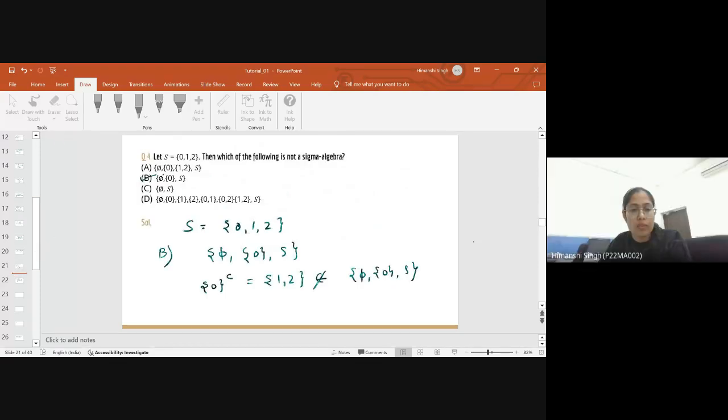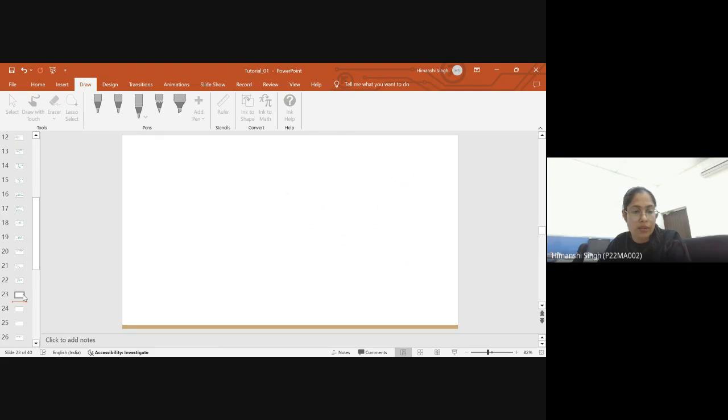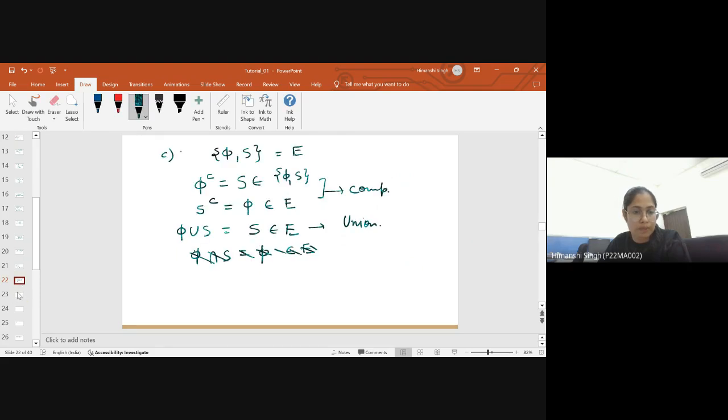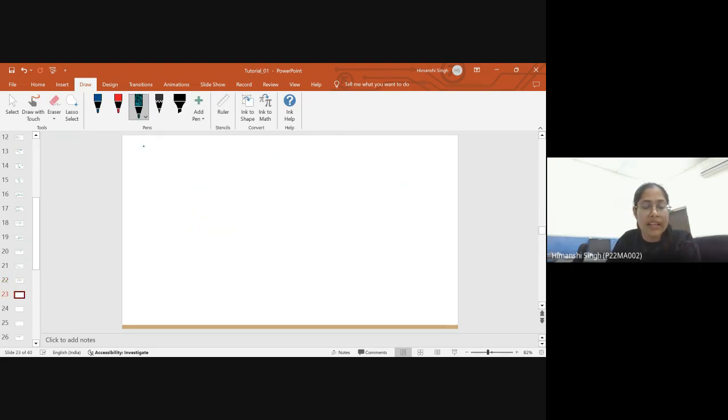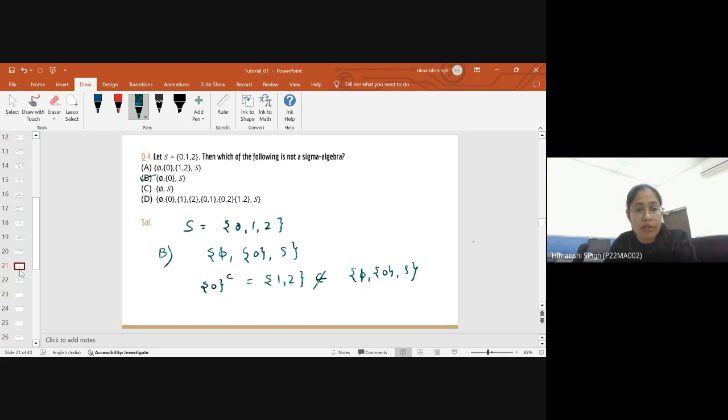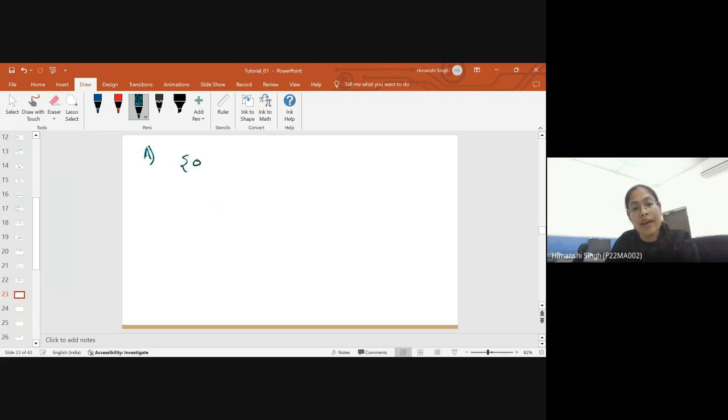So I will discuss the other options also, so that others who may not have solved this will get an idea. For option A, the set F has phi, 0, 1 comma 2, and S, where S is basically 0, 1, 2.